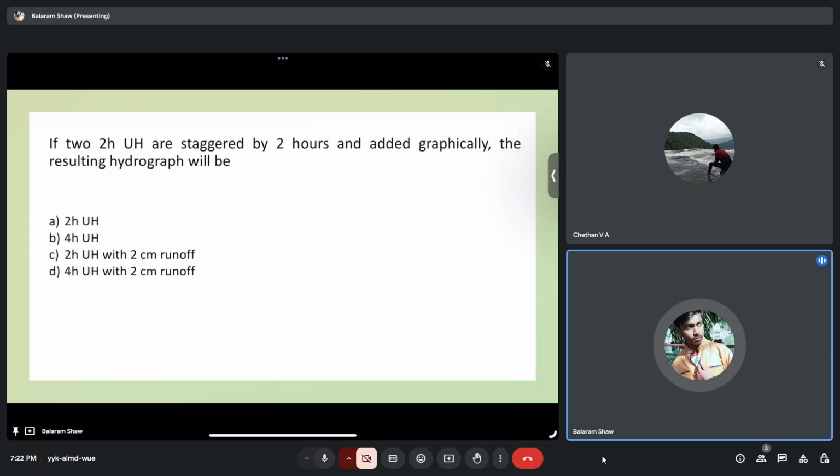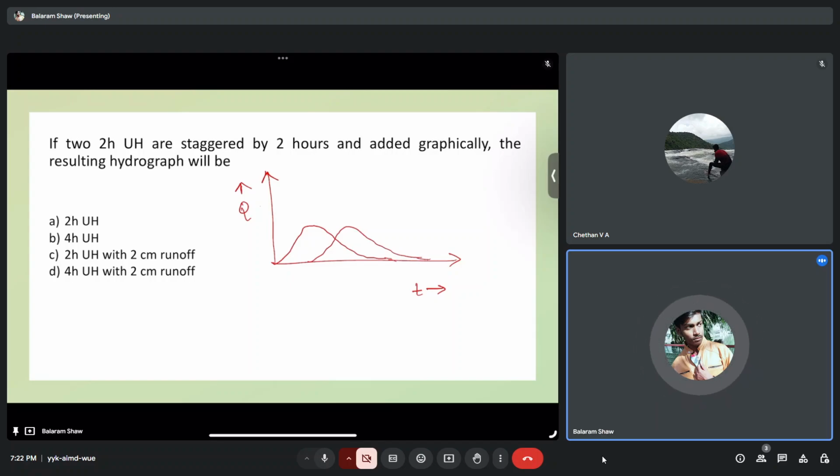If two 2 hour unit hydrographs are staggered by 2 hours and added graphically, the resulting hydrograph will be what? So, let's say unit hydrograph Q, and T. You have two 2 hour unit hydrographs like this, then again something like this, right?